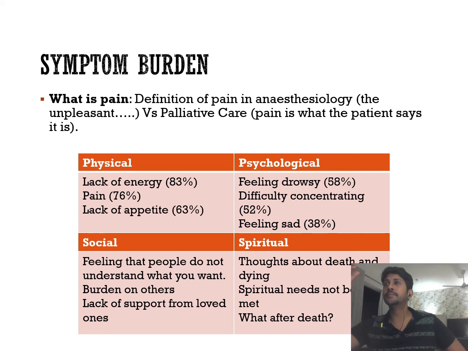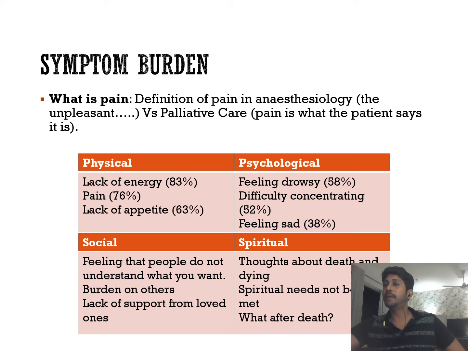Pain is an unpleasant emotional or even physical experience that is associated with actual or potential tissue damage or described in such terms. But that is a valid definition, but that is looking from the perspective of the pathogenesis of pain.